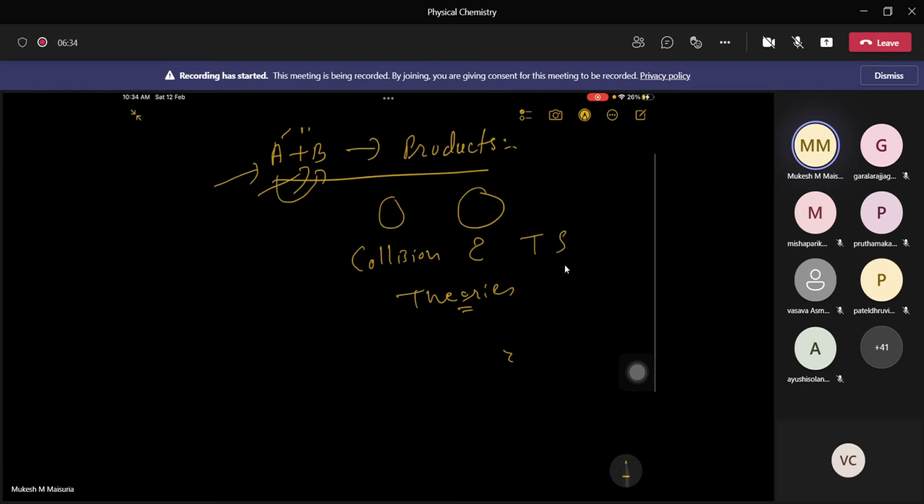But you know that in this particular case, only the reaction between these two atoms or molecules we have considered. Means no other molecule is present in the solution, in the reaction.